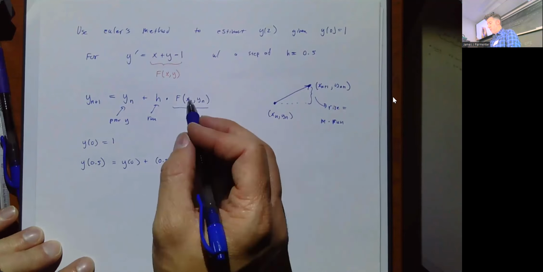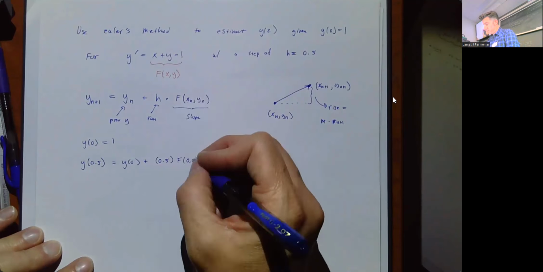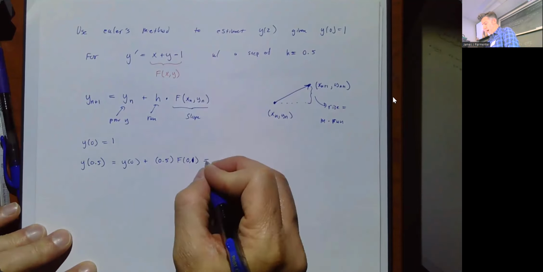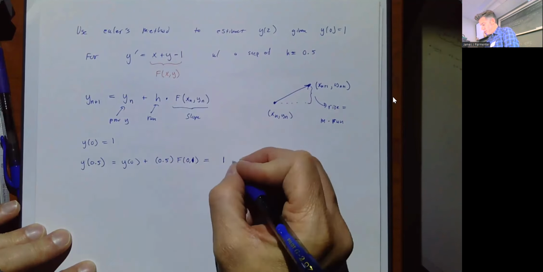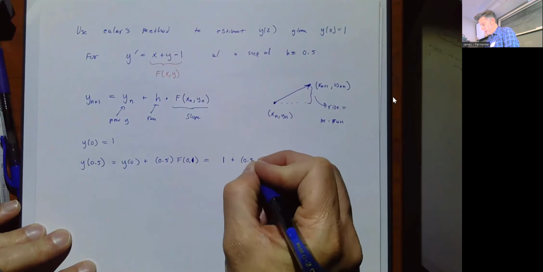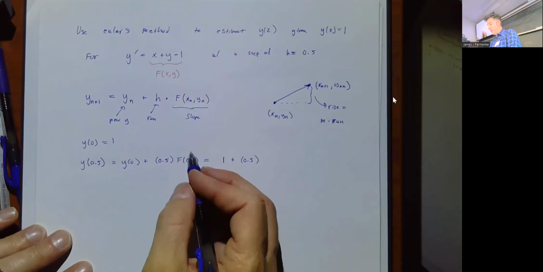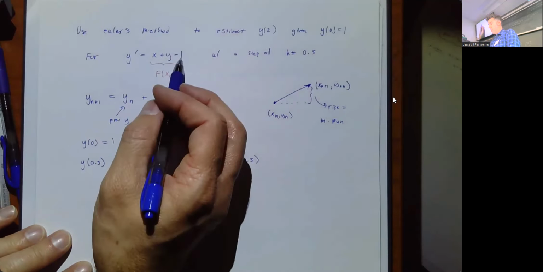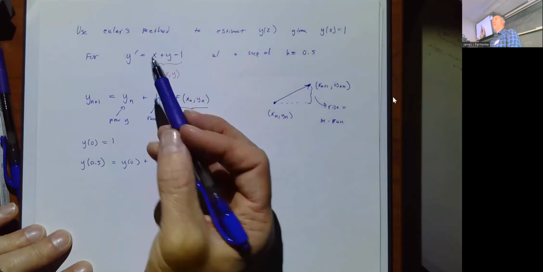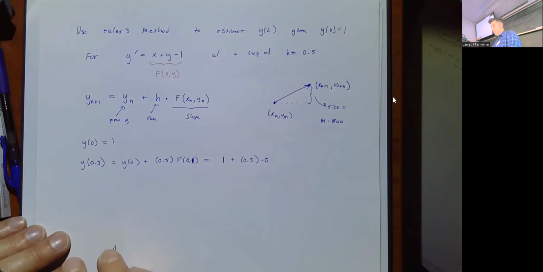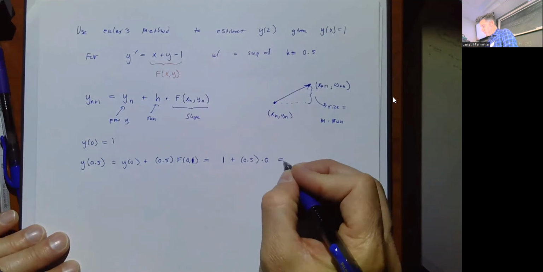F of my starting point, which was 0, 1. That's going to be y of 0, which was 1, plus 1/2, or 0.5, and f of 0, 1. And literally to find f of 0, 1, you're just plugging that in to this equation here. So 0 plus 1 minus 1 is 0. So my new y value is 1.